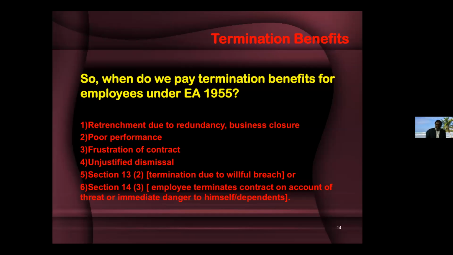For example, when the employer forces the employee to work in the office during CMCO or NCO and so on, and the employee refuses, he can invoke Section 13(2) of the Employment Act to say that the employer has willfully breached his employment contract, and he can go to the Labor Department and file a claim for unfair dismissal.